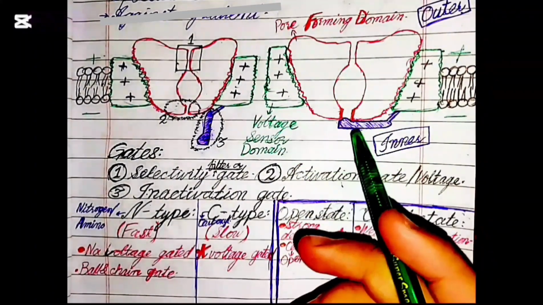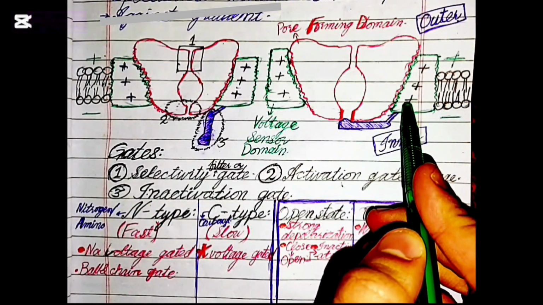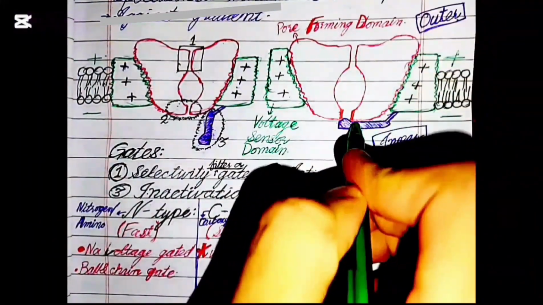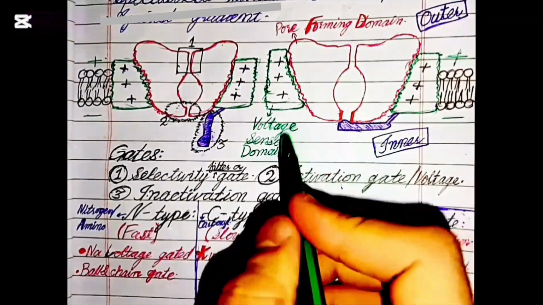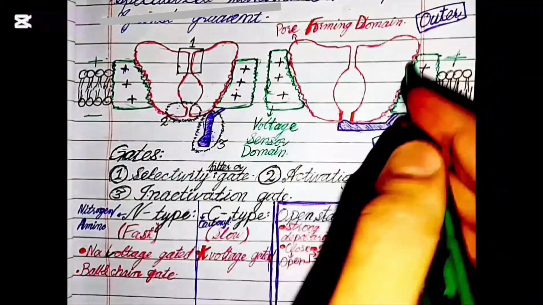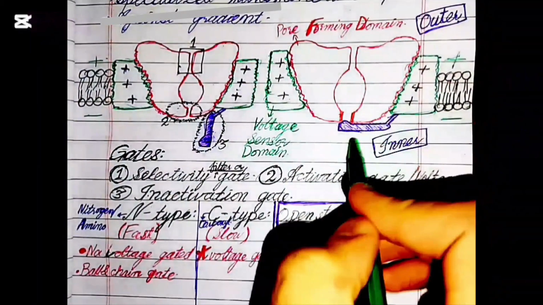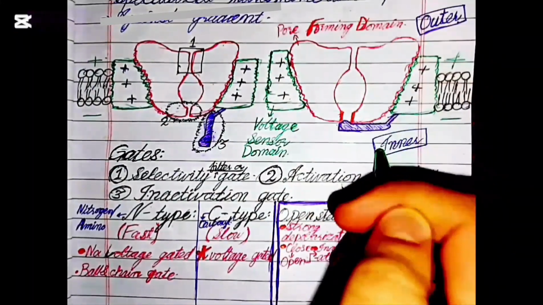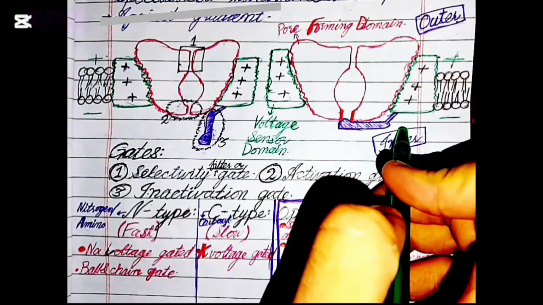After that, when repolarization occurs and the membrane potential is restored to -70 or whatever it is, the negative charge regains, so the positive and negative attract each other and the voltage sensor gets down.